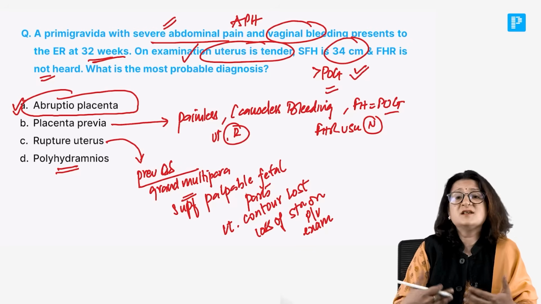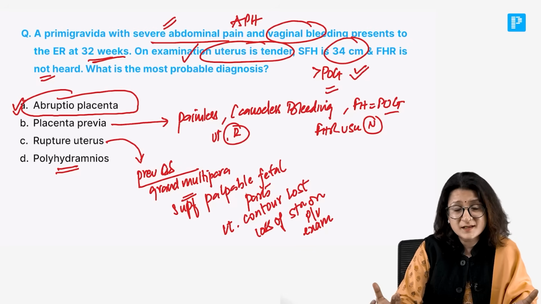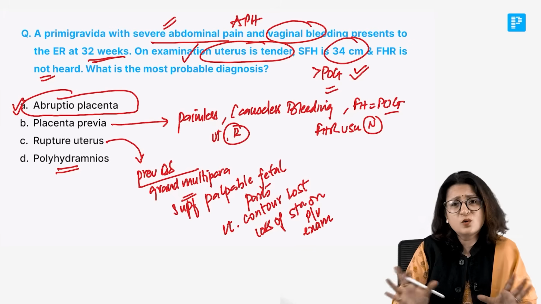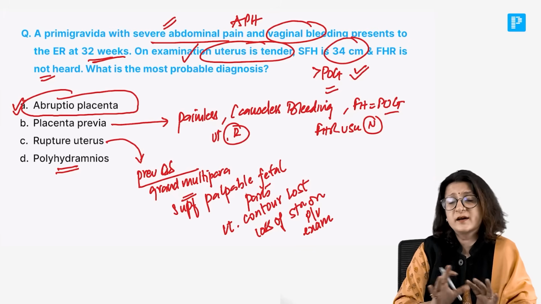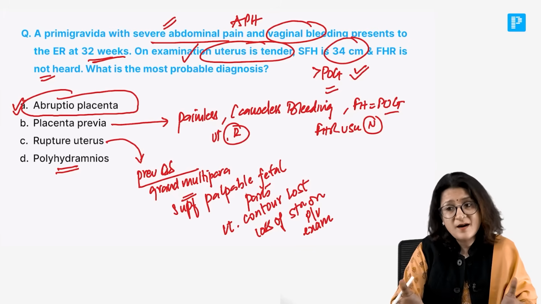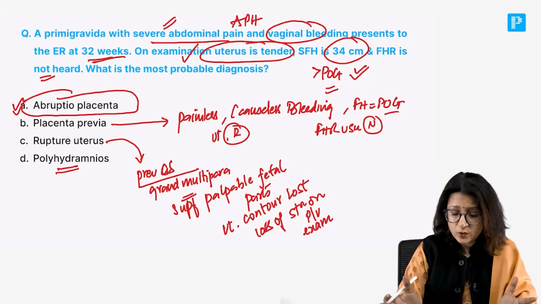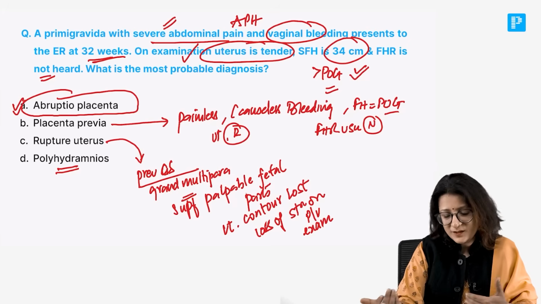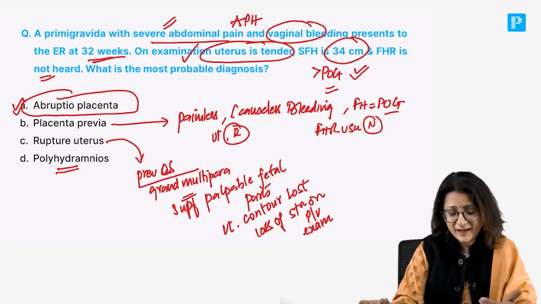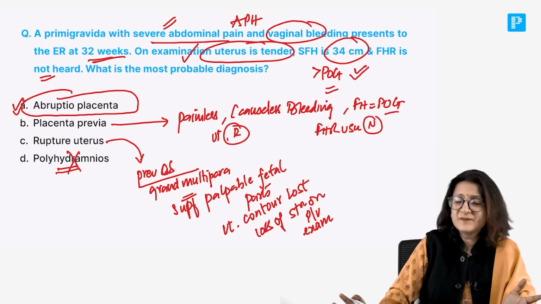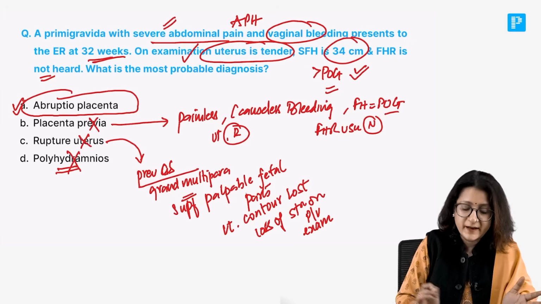But why would there be vaginal bleeding and tender uterus? And fetal heart rate can be difficult to localize if there is a lot of amniotic fluid. But tender uterus, bleeding, pain like this, is not going in favor of polyhydramnios. So these are not your diagnosis.